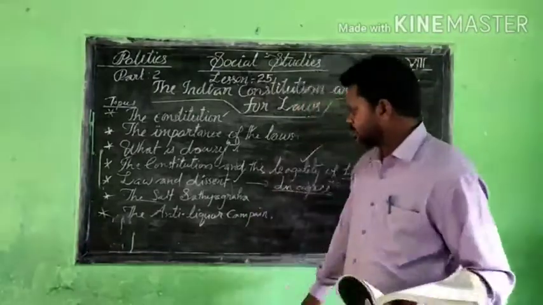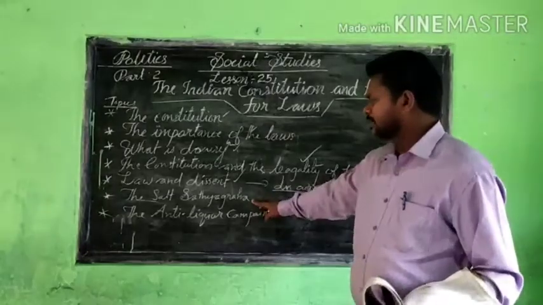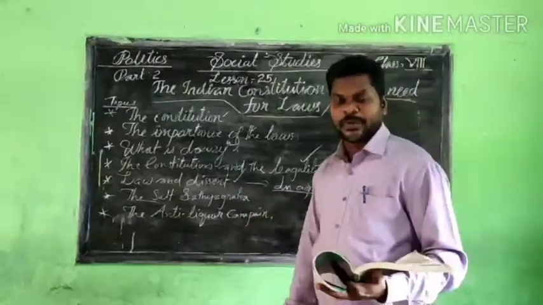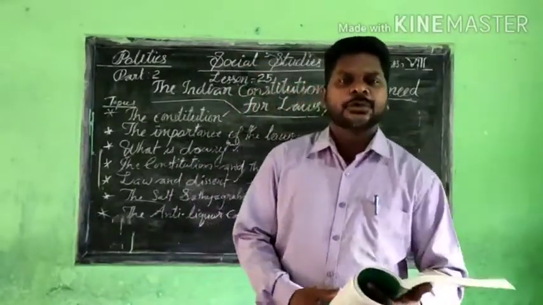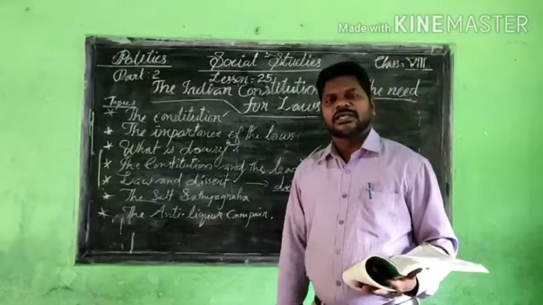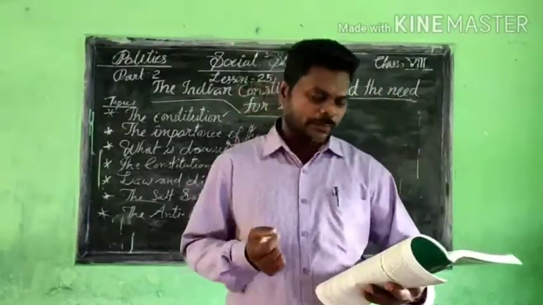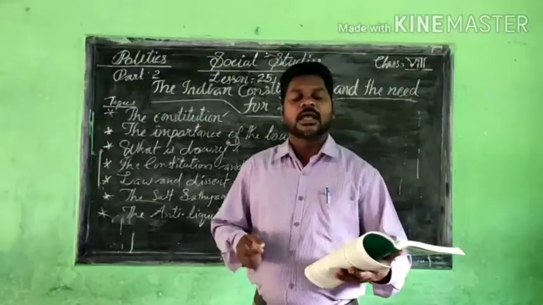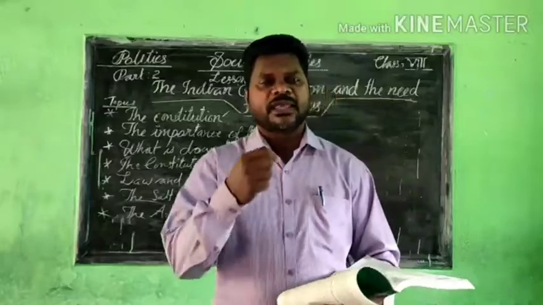The next topic we are going to discuss is the Salt Satyagraha. You might have heard about the Salt Satyagraha by Gandhi. I have given a few pieces of information on it. It was also one of the dissents, because the British required every person to pay tax on salt.